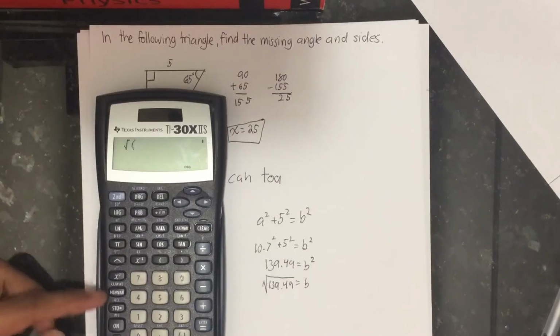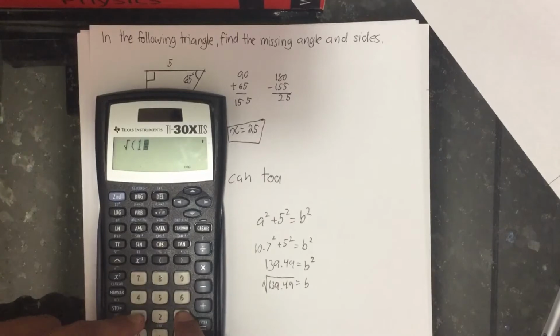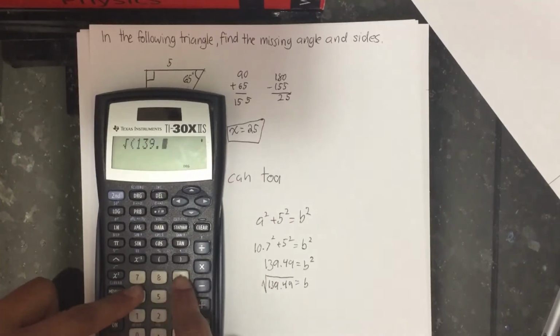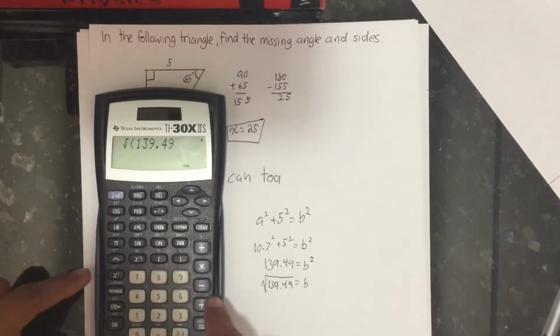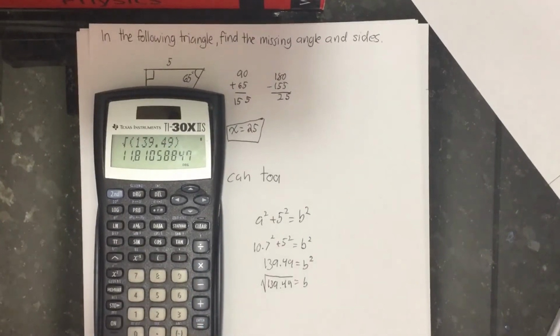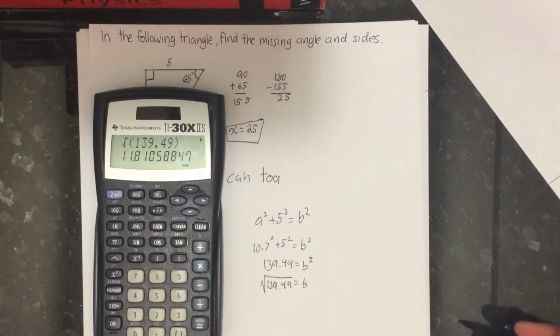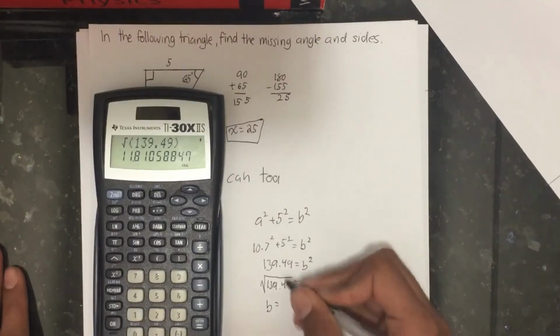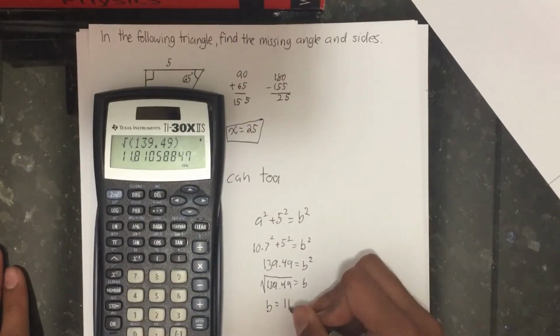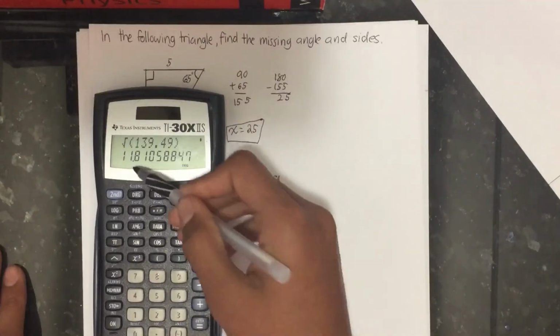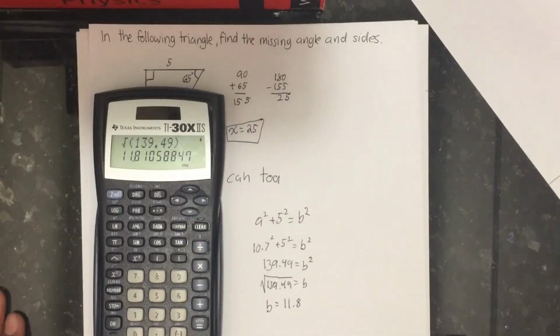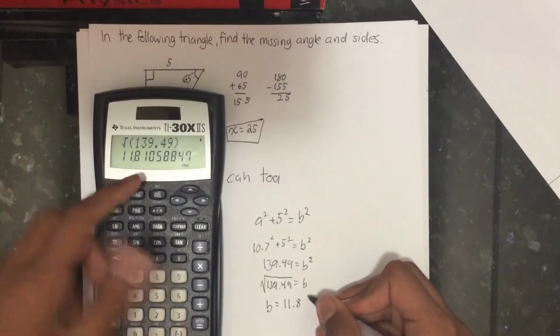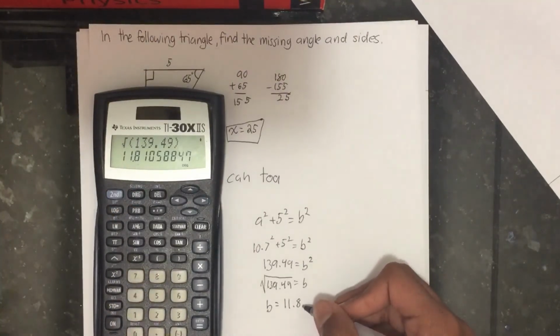So I did second of x squared, which is basically the square root of 139.49. And that is equal to 11.810. But since I'm just going to round to the nearest tenth, because that's what I've been doing throughout this whole video, b is equal to 11.8. Oh, I read it wrong. There's a point there, so 11.8. Since the next digit is 1 and it's lower than 5, I round down, so it's 11.8.